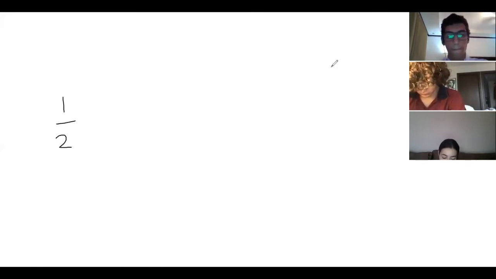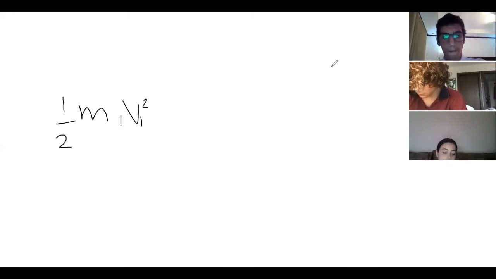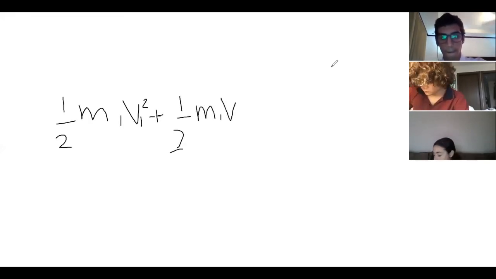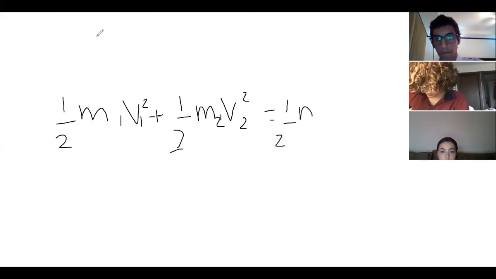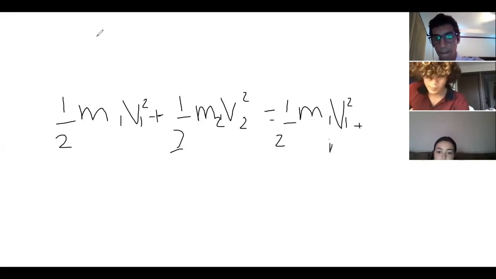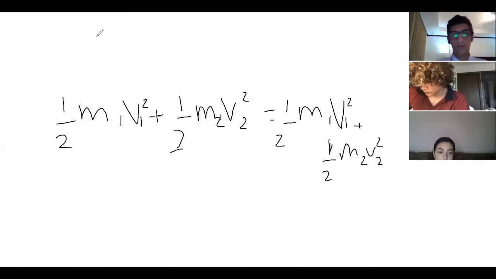So for part B of question 4, we have to calculate total kinetic energy before and after the collision, and we do that by using the momentum and kinetic energy formula. There you go.